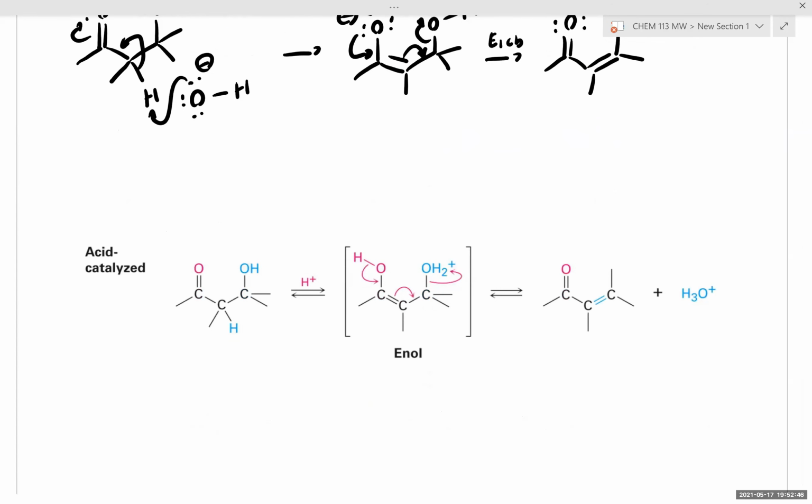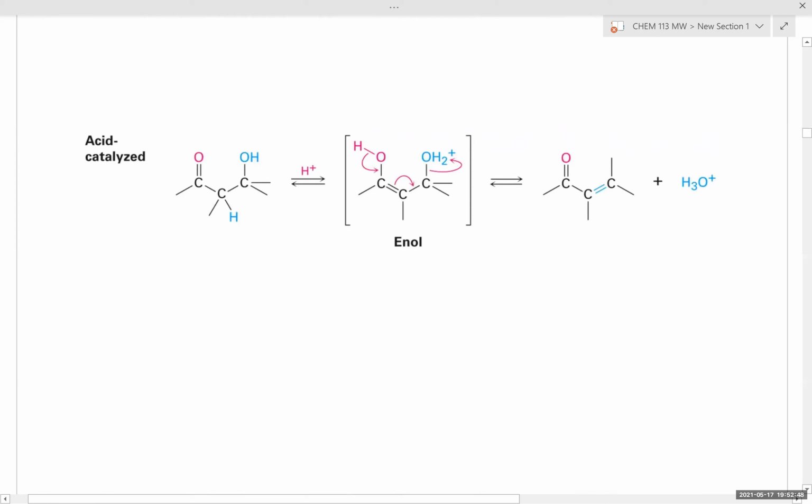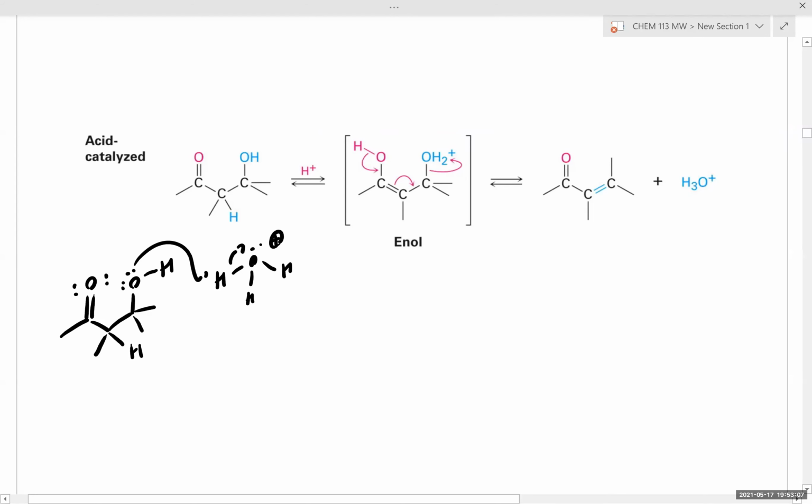Okay, so let's talk about the acid catalyzed mechanism. In this case, we're first going to activate our leaving group. So rather than kicking out hydroxide under basic conditions, we are going to protonate our alcohol and generate the substantially better leaving group of water.